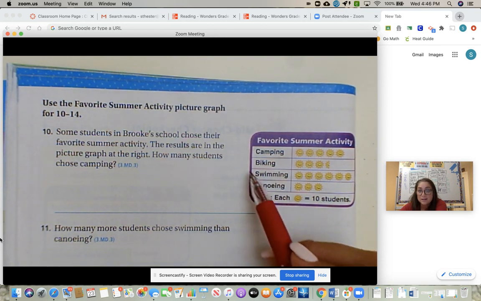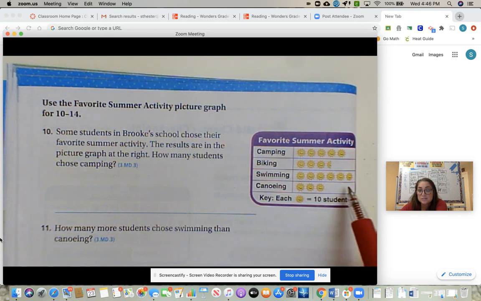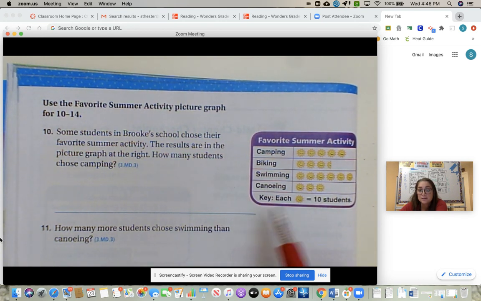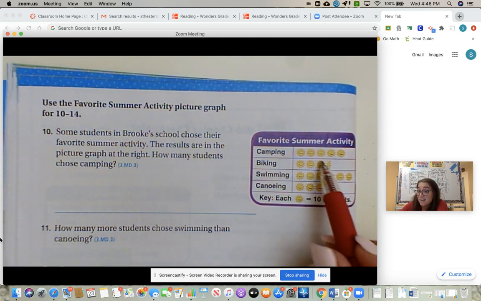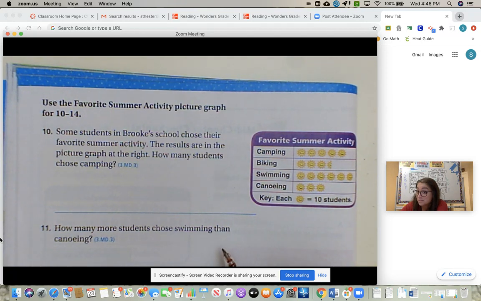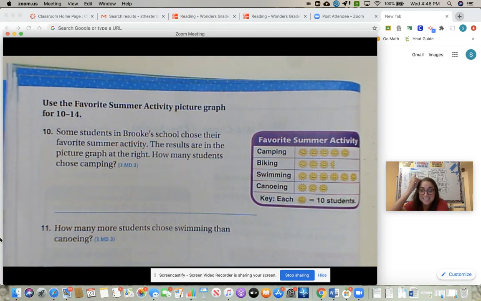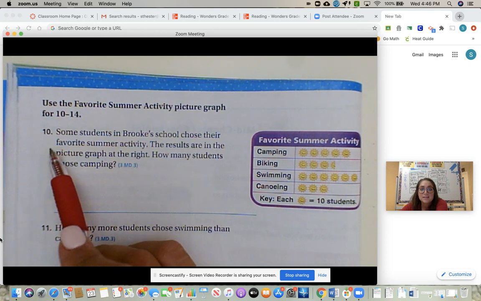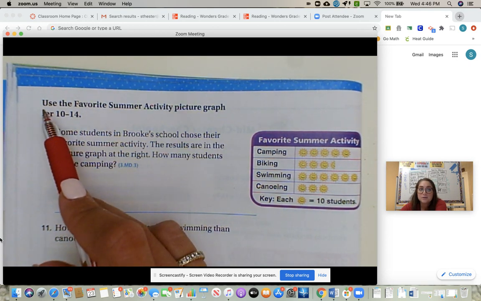I want you to write the number based on our pictures of how people voted. Pay attention to that key. What does each picture represent? Pay attention to that half picture. What is that going to represent? Not going to tell you. When you're done with that, go over to your questions.